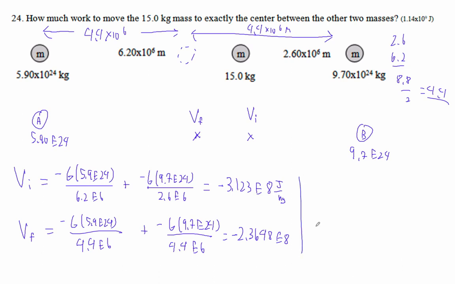Okay, so now we can figure out the work. The work is m change in Vg, which is m times V final minus V initial. So 15 times this, our final, negative 2.3648, minus negative 3.123.